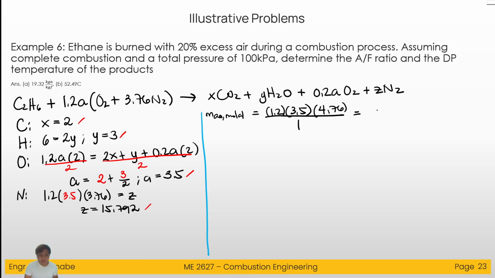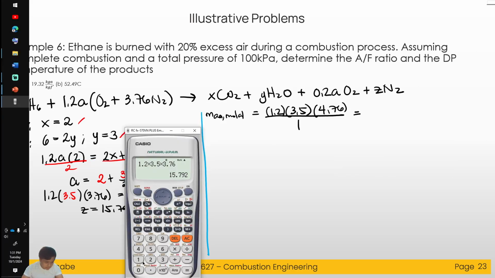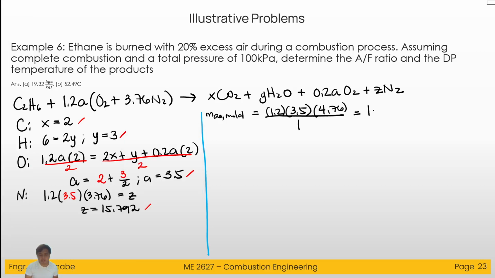So this will be equal to 19.99 kilomole of air over kilomole of fuel.